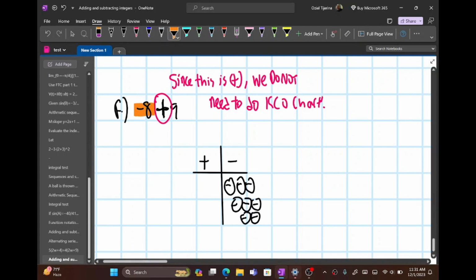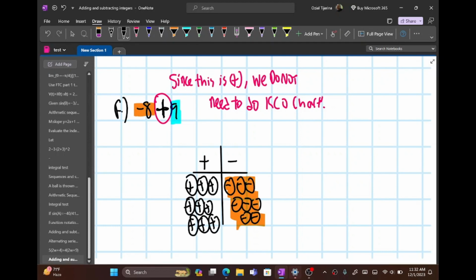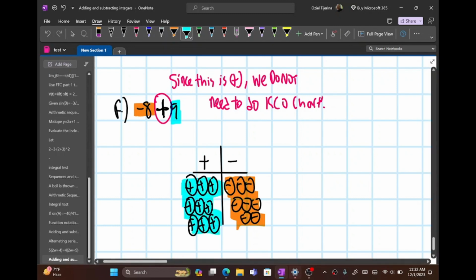Then we have this over here. And then we have 9 positives. So we're going to have 1, 2, 3, 4, 5, 6, 7, 8, 9. Now we have this many positives, and for every positive there's 1 negative. So we're going to do 1, 1, 2, 2.